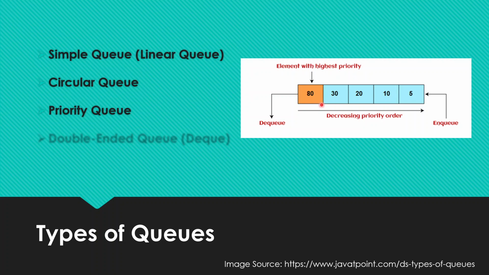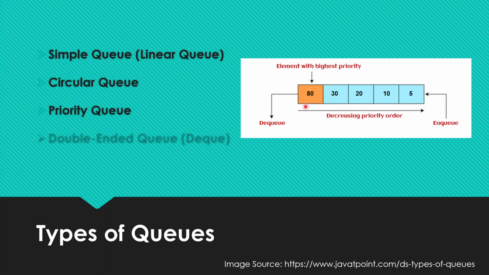So for example here, the element with the highest priority is this 80, and you can see the next priority is 30, then 20, then 10, so this is actually a descending priority queue. It can also be the other way around. So we can have 5 here, and then 10, then 20, then 30, then 18. Then that will be an ascending priority queue.